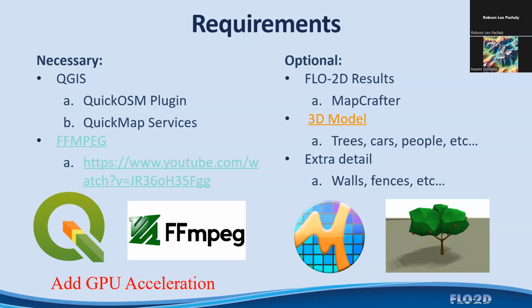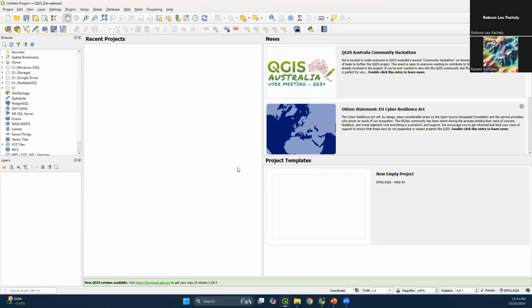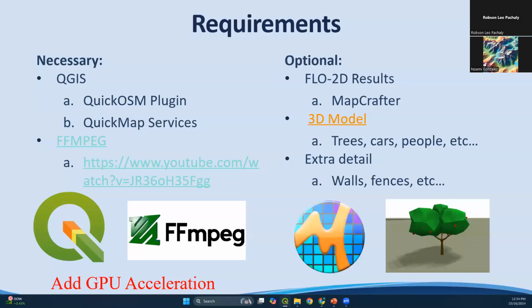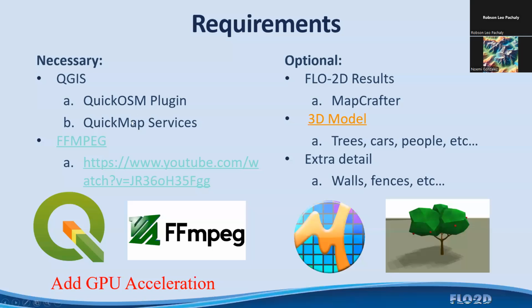So what I have here, I hope you are seeing my QGIS. I have a blank QGIS here. By blank, I mean I created a user profile here just for this webinar. So no plugins. This is what you are going to see when you install QGIS. So as I said, we need to install three plugins: the Quick OSM, Quick Map Services, and MapCrafter.